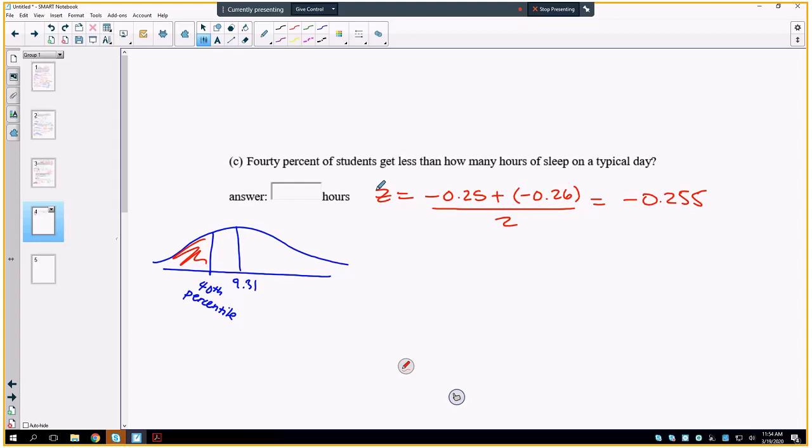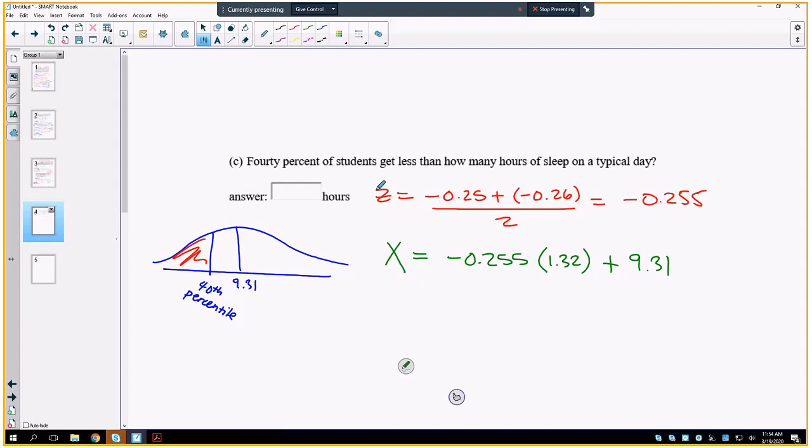Okay, I have a z-score, but what I want is the number of hours of sleep, which is in terms of x. So x will be, I take that z-score, the z-score tells me how many standard deviations away from the mean I am, so I multiply it by the value of one standard deviation, and then I add the mean.